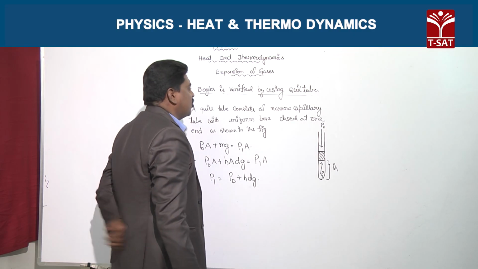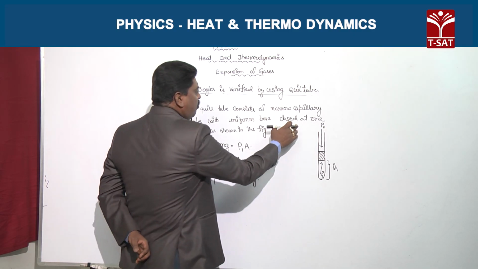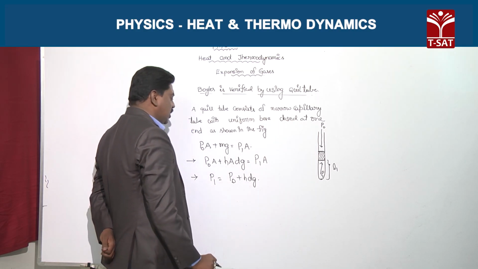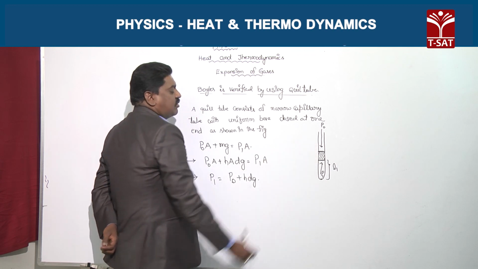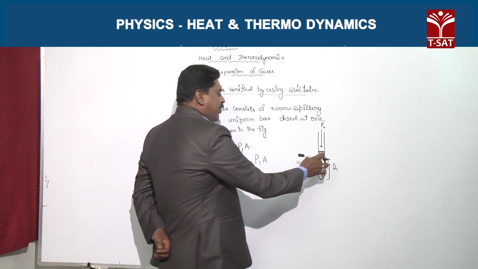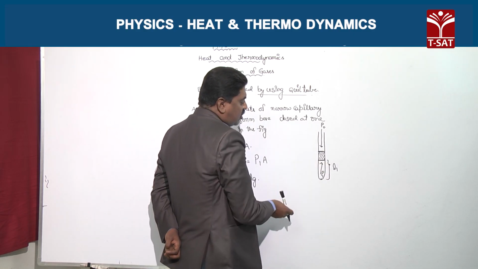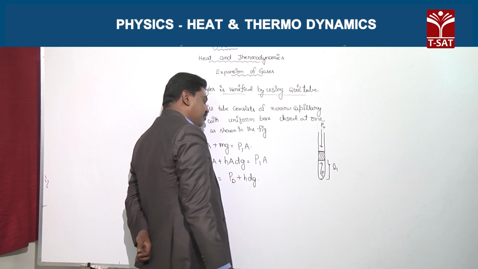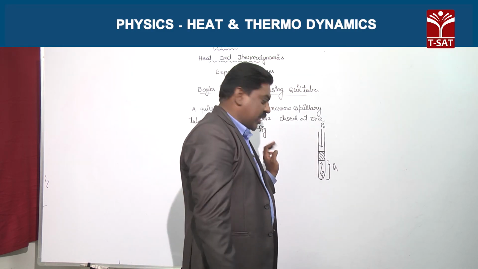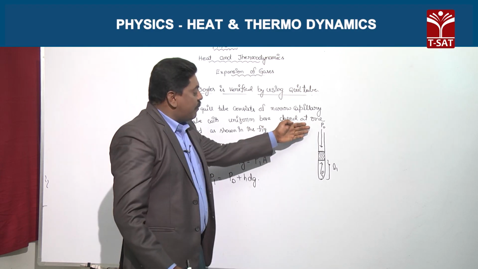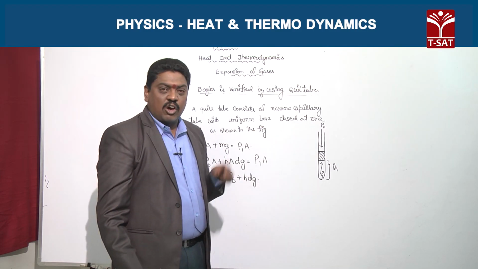A quill tube consists of a narrow capillary tube with uniform bore closed at one end as shown in the figure. Atmospheric pressure P0 acts on the top surface, and the weight of the mercury pellet acts on the bottom air that is trapped, and the bottom air is also exerting a pressure P1 in the upward direction. So total upward force is equal to total downward force.